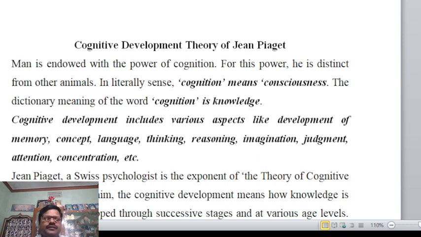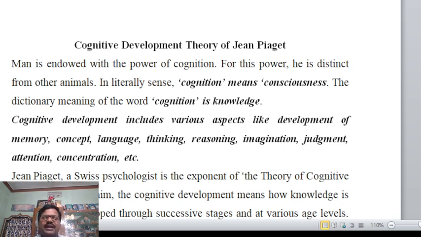In literary terms, cognition means what? Consciousness. And what is the dictionary meaning of cognition? Dictionary meaning of cognition means knowledge.